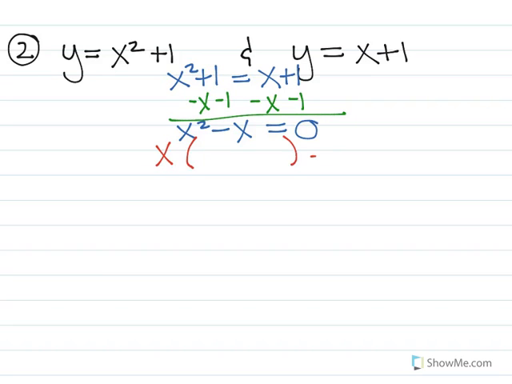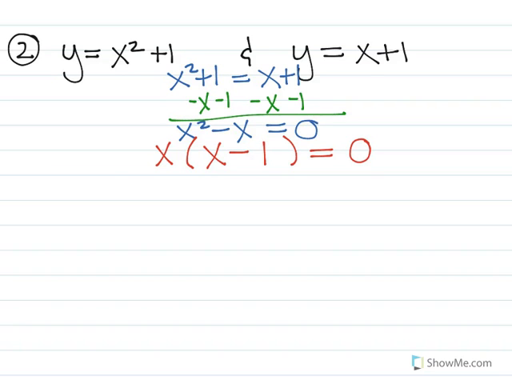Since x is my GCF, that gets pulled out in front of the parentheses. And to figure out what goes in the parentheses, I'm going to divide every term by x. So x squared divided by x is x, minus x divided by x is 1.